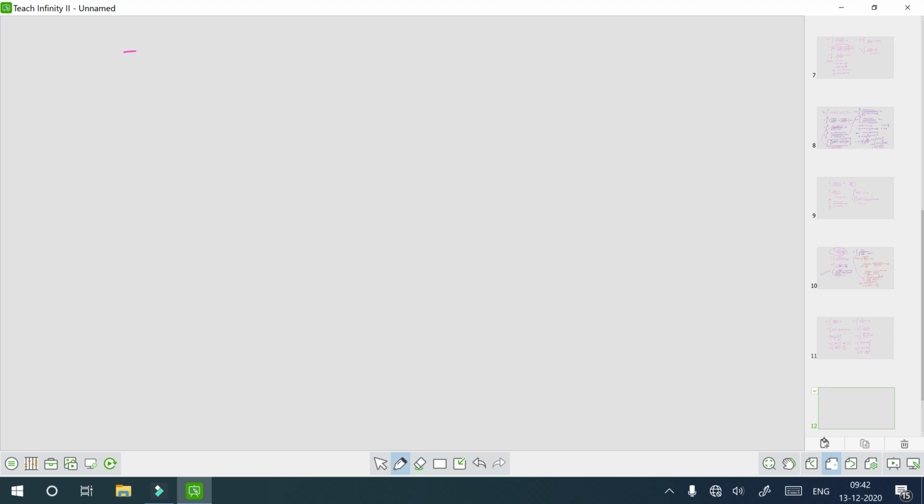Next one. I is equal to 0 to pi by 2 root sine phi cos raised to 5 phi d phi. What we have to do? Now see, very easy. 0 to pi by 2 under root sine phi. Can I write here (1 minus sine square phi) whole square into cos phi d phi?